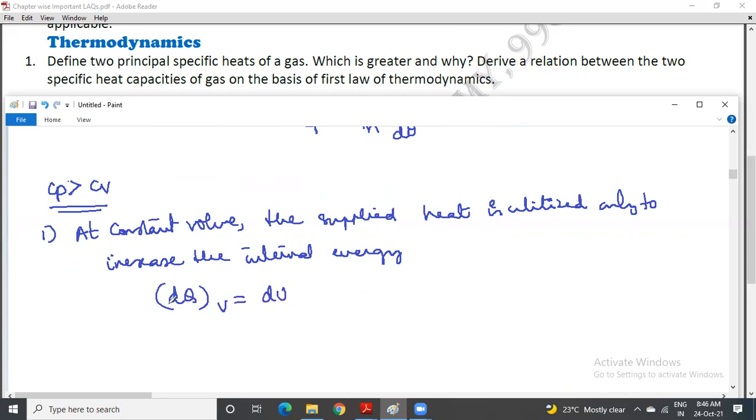This is the first law of thermodynamics: heat supplied is equal to change in internal energy and work done. You can write this as dU plus dW, where dW is written as PdV. Since the volume is not changed at constant volume, the change is zero.